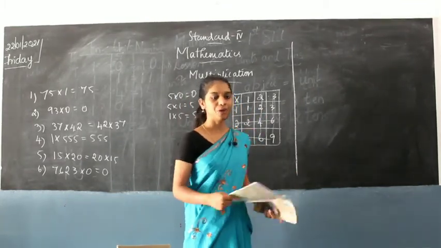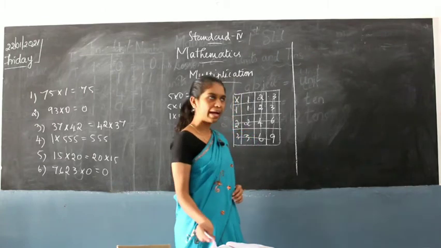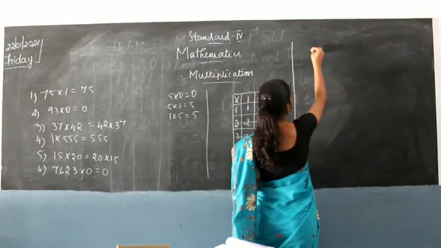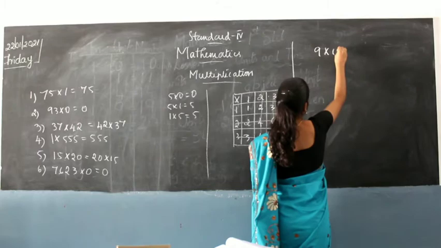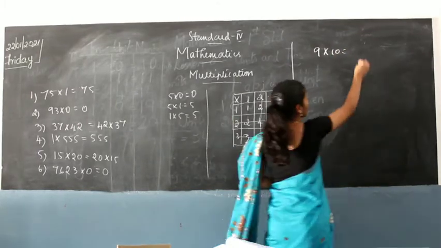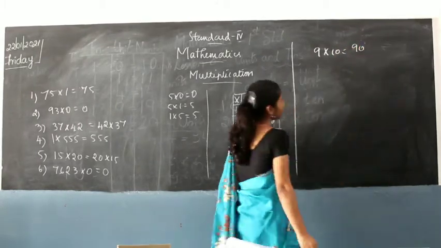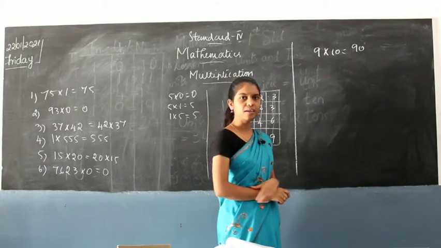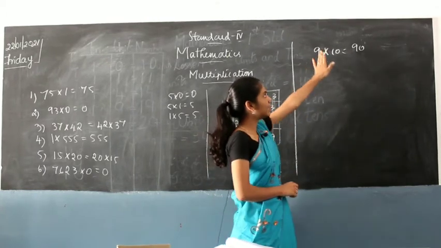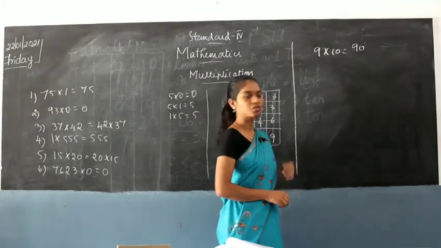Okay, this gives you an idea. For example, 9 into 10 gave you 90, right? So if you see that, you can find 9 into 10 gave you 90.